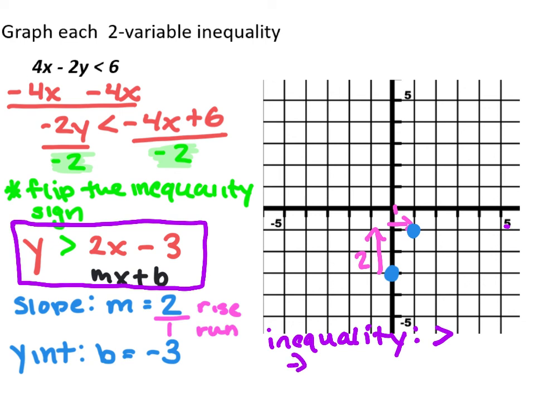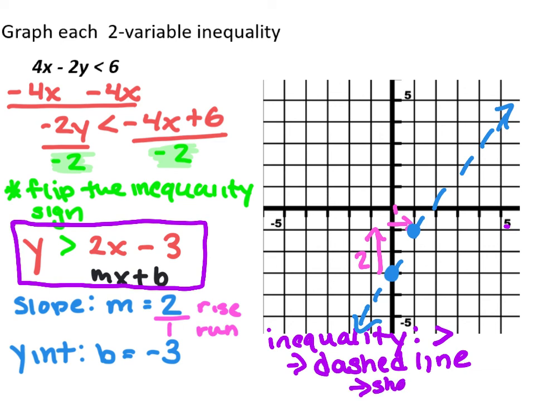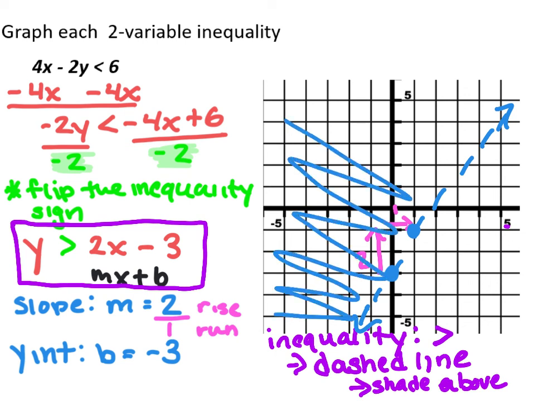So this tells me first that I'm going to have a dashed line that I can draw in, and then since it's greater than, I'm going to shade above. So I'm going to shade everything above the line on my graph.